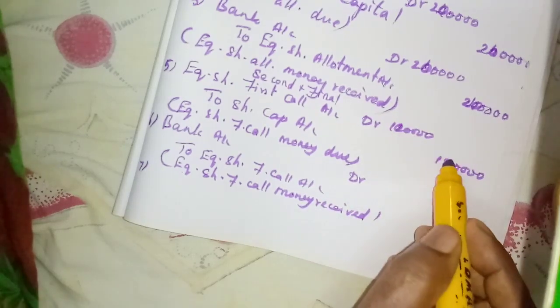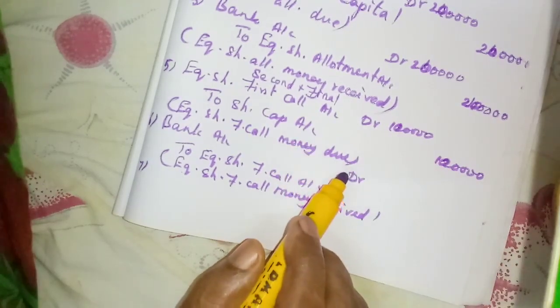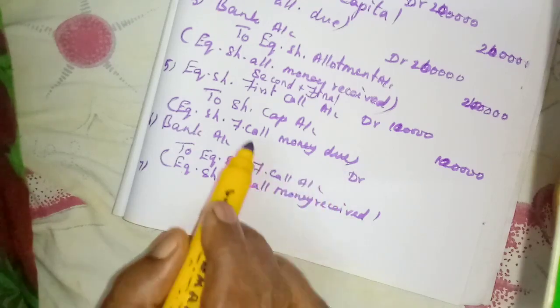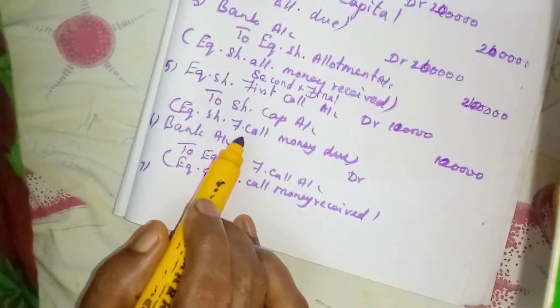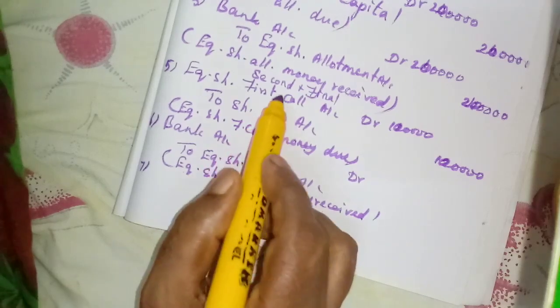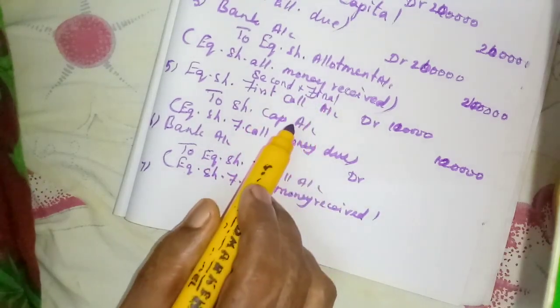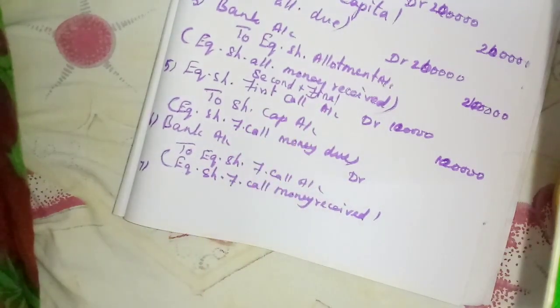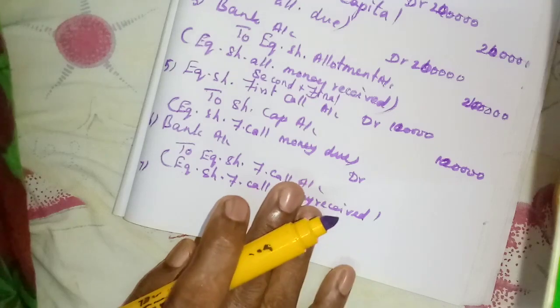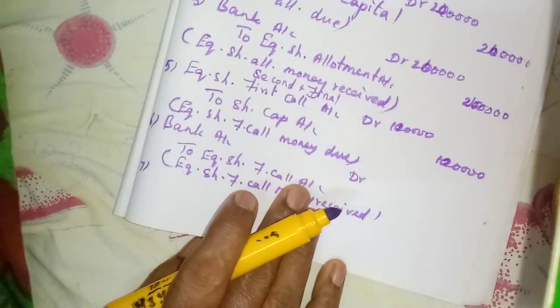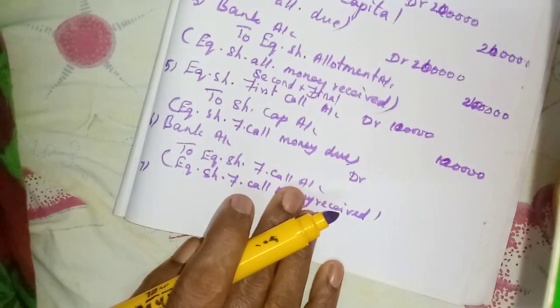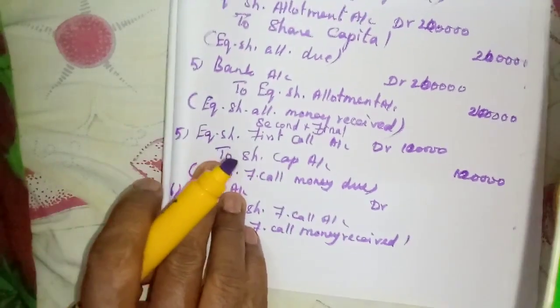Okay, first call. Then final call. So there you have to write 6. Okay, that second and final call account, same amount, isn't it? 2 rupees, same amount. Okay, I think you have to write these entries in your book. Okay, students.